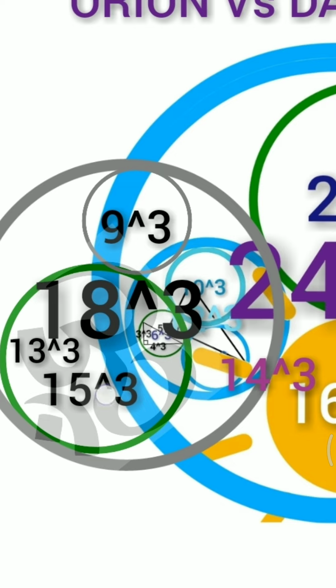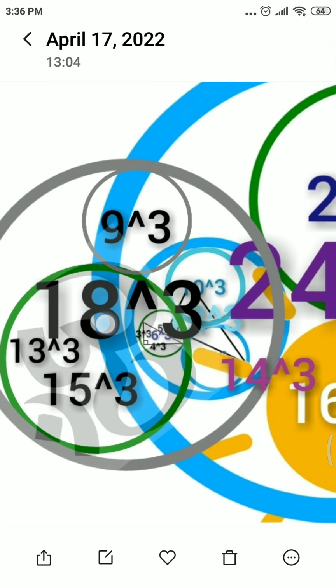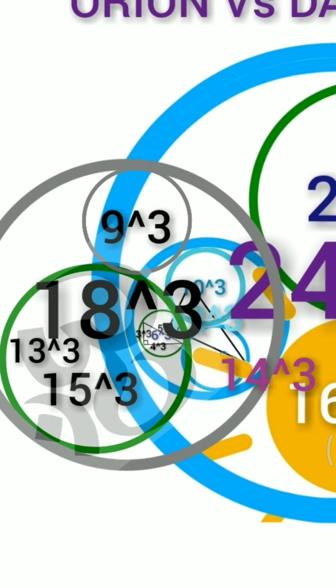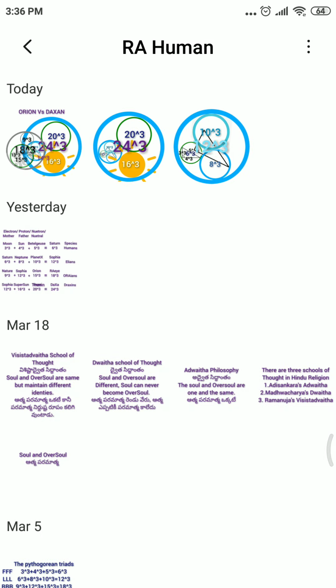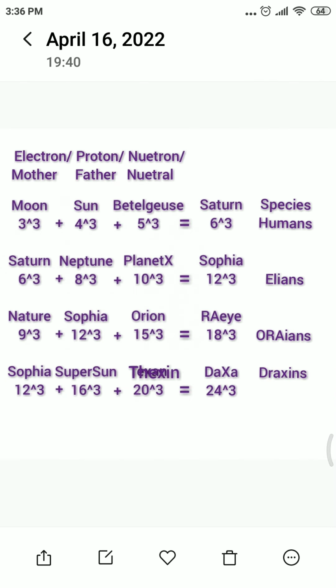And this 15 cube along with 12 cube here and 9 cube makes up 18 cube. So the 18th letter is R.